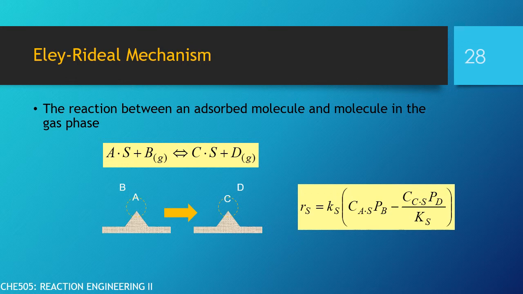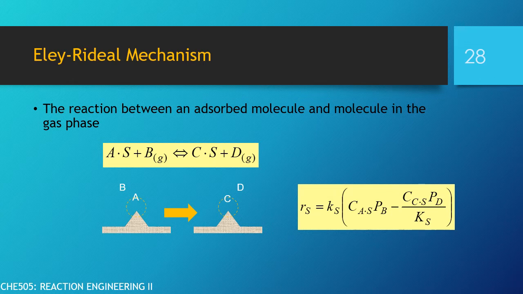But sometimes there is only the product, without another gas D. So it can be A.S plus B in the gas phase, reversible or irreversible reaction, giving C.S. If there is only product C, D will be removed. If you look at the diagram, only A is attached to the triangle active surface.